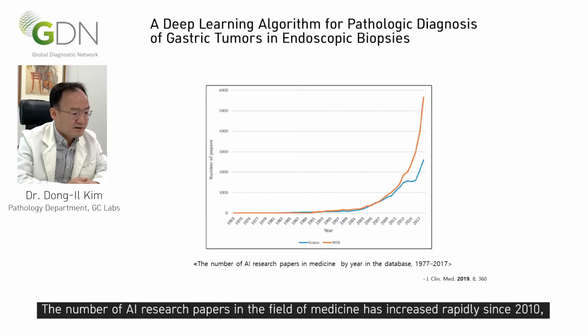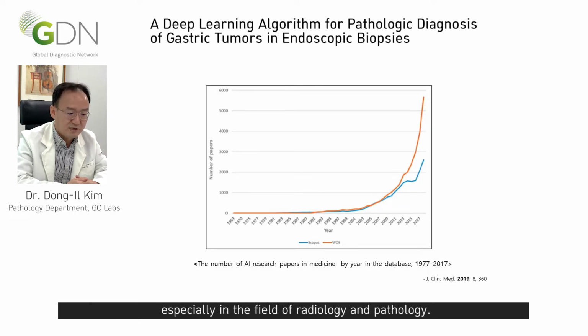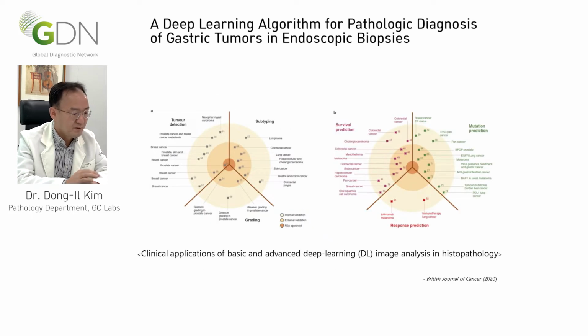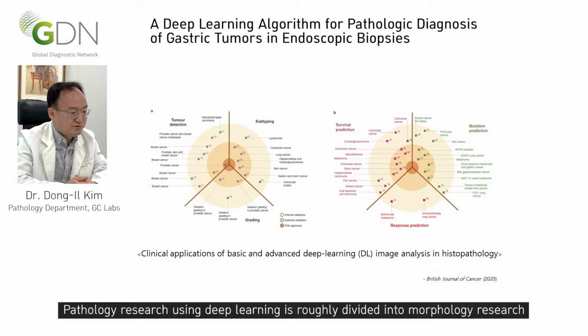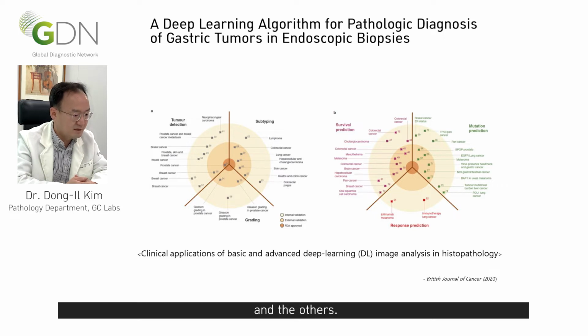The number of AI research papers in the field of medicine has increased rapidly since 2010, especially in the fields of radiology and pathology. Pathology research using deep learning is roughly divided into morphology research and the others.